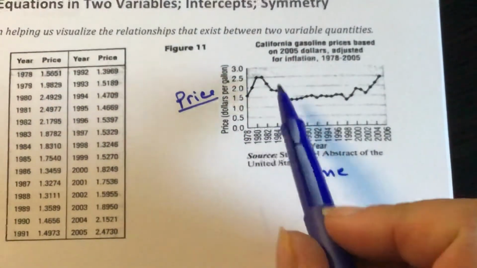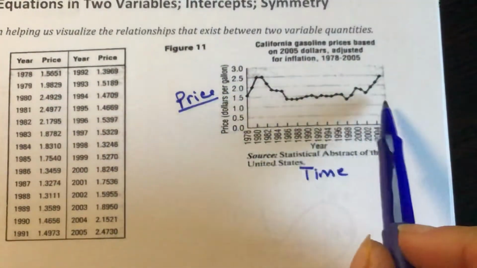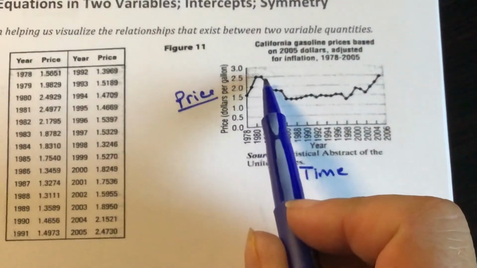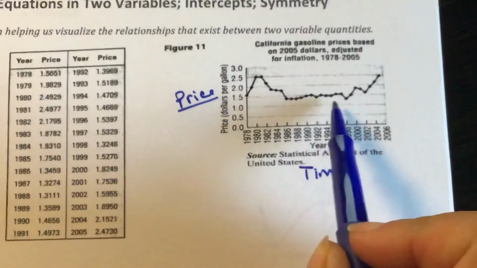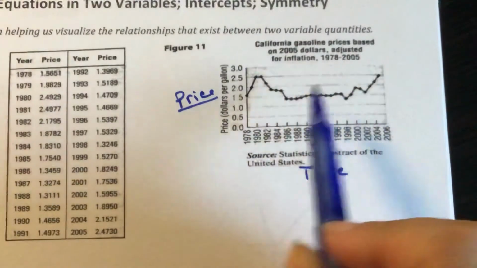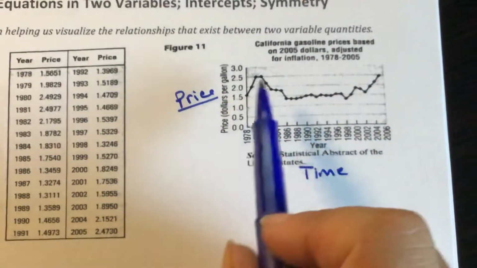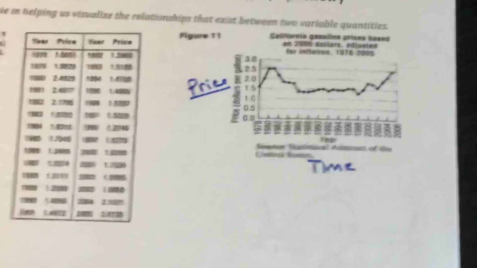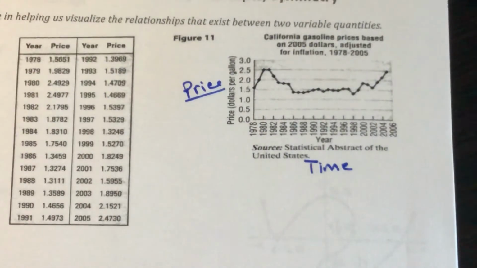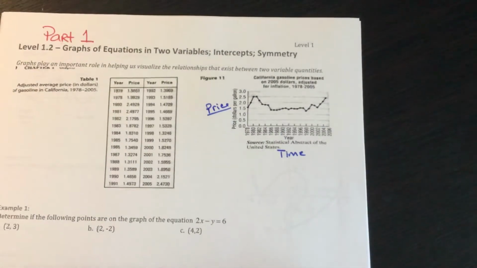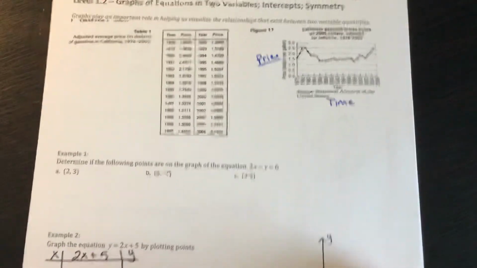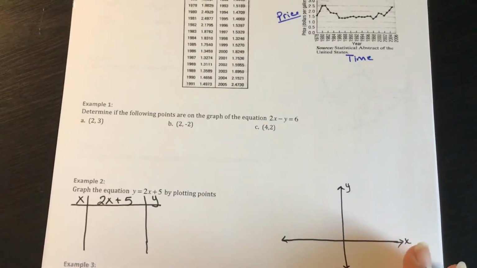And we can kind of see what's happening over time. The gas went up, it went back down further, kind of stayed the same. But this gives us a better representation of what's happening over the time period that we have. All right, so that's just a reason that we look at graphs when we're dealing with more than one variable.